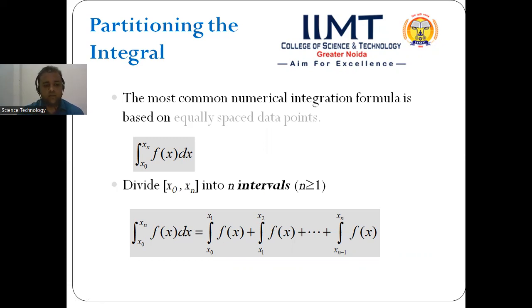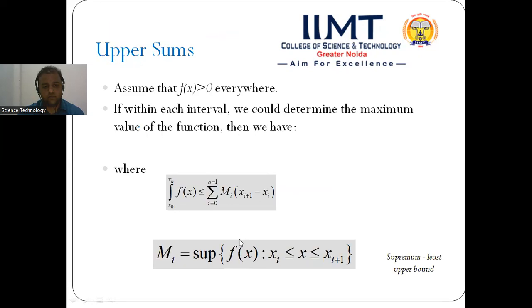That means, with the given lower limit to upper limit, we divide the interval into n intervals. So the integral from x0 to xn of f(x) dx can also be written as the integral from x0 to x1, x1 to x2, and so on up to x(n-1) to xn. And in each interval we integrate the function f(x) dx.